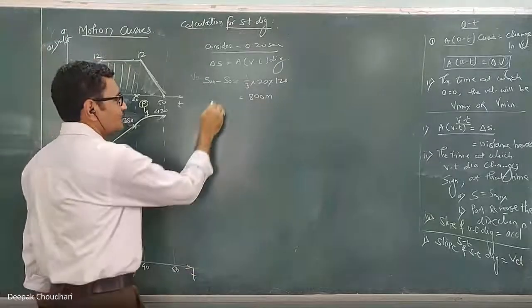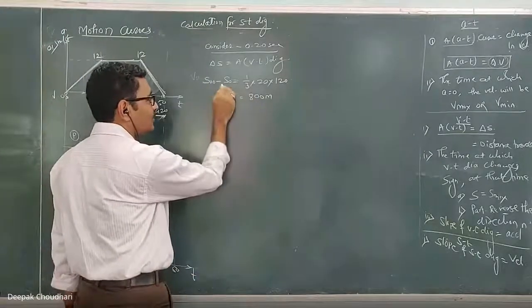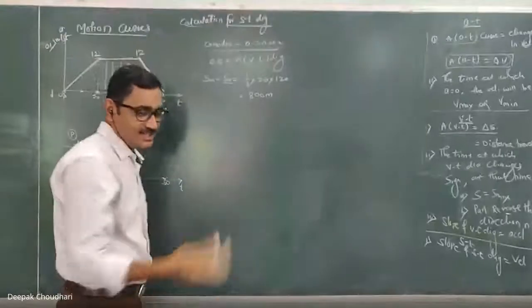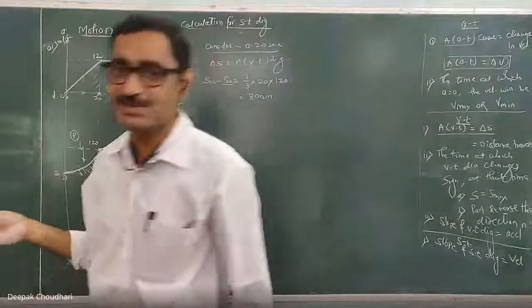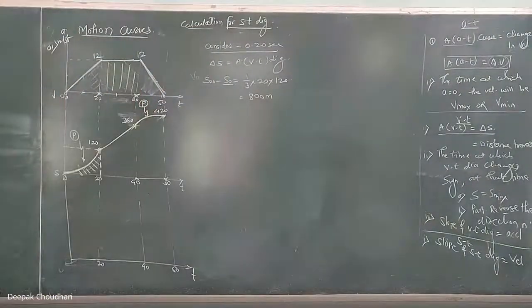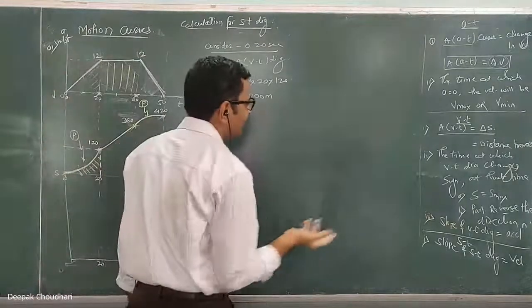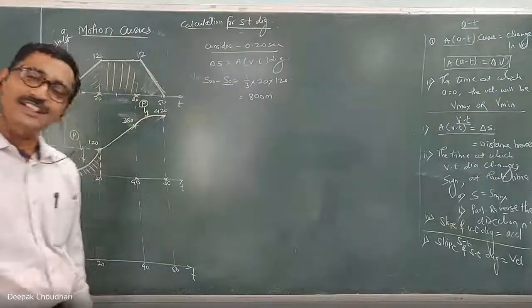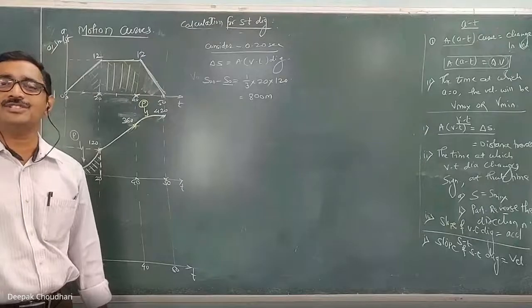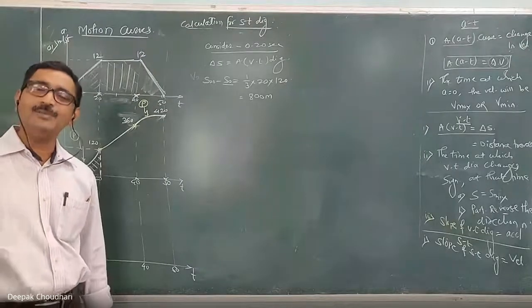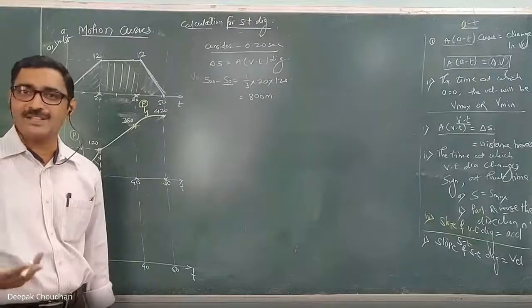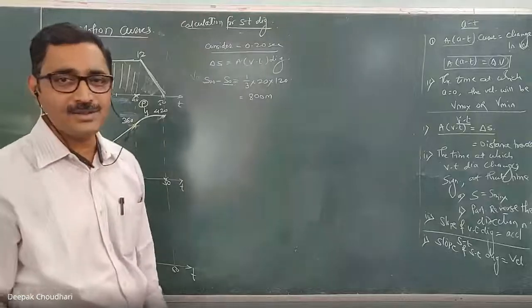Now to calculate the displacement at t equal to 20, I should know this S0. Nothing is given about S0. S0 is the displacement at t equal to 0, the initial displacement, which is not given. Let us assume the standard boundary condition: the particle starts from the origin, or the point from where the particle starts is itself the origin, so that the initial displacement becomes 0.